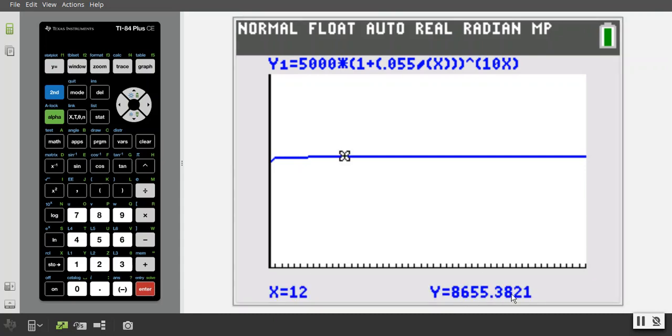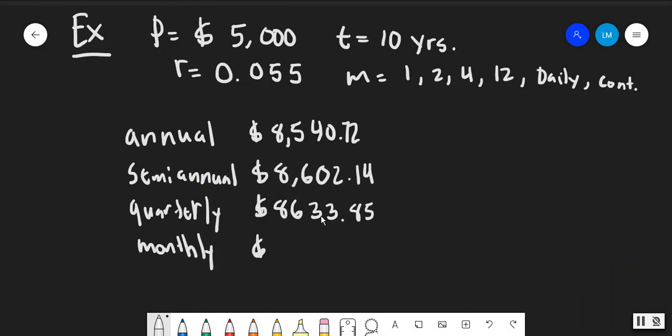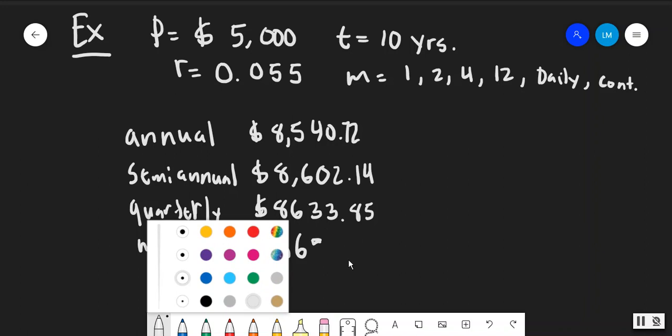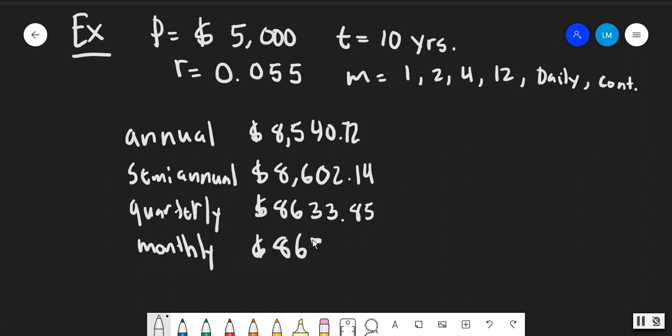Now 8,655.38. Okay, you can see that if you look at the differences, it's not by much.